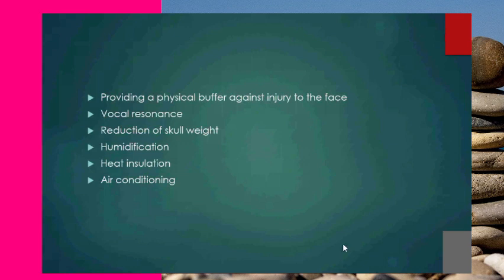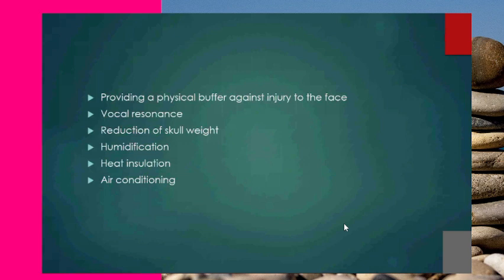So it protects the eye, it protects the mouth, and it even protects the brain, the anterior cranial fossa.